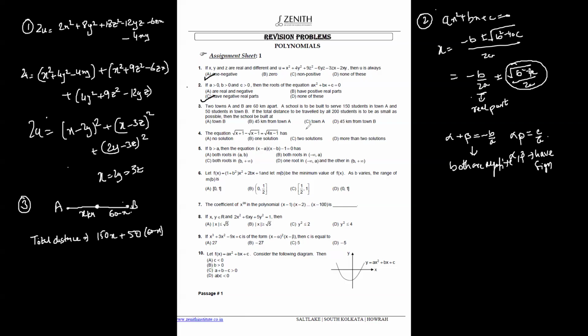Okay, so it should be like that. How much will it become? 100x plus 3000, which is a straight line strictly increasing. So its minima will come when x is minimum, which is 0. So the school should be built in town A.